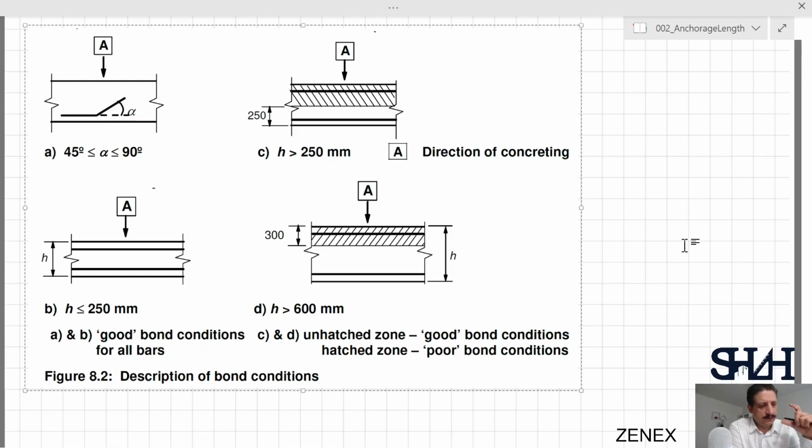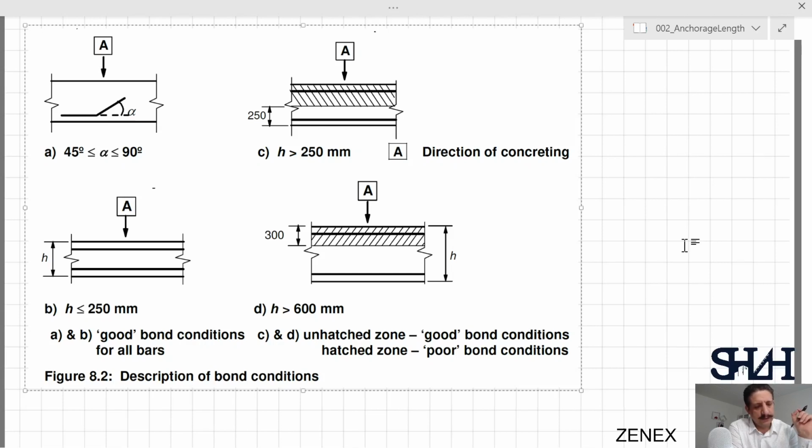If the thickness of the element being concreted is less than 250 millimeter, the variation between the bottom and the top might be negligible. As a result, we assume that it's always a good condition. So for these two cases, we can assume eta 1 is 1.